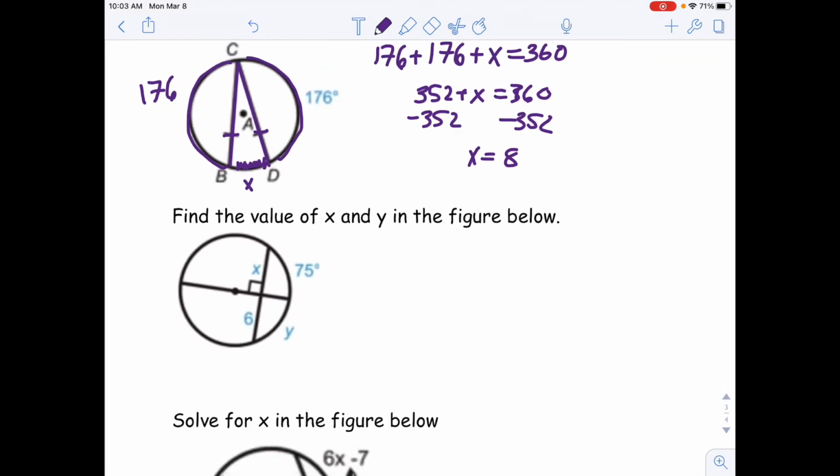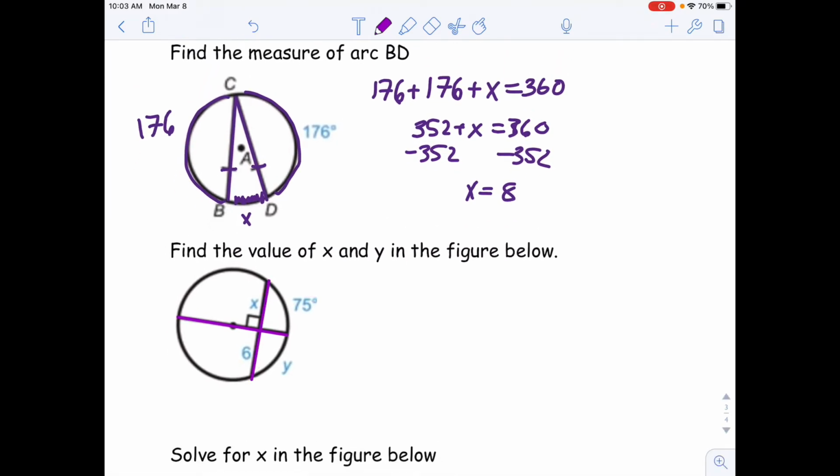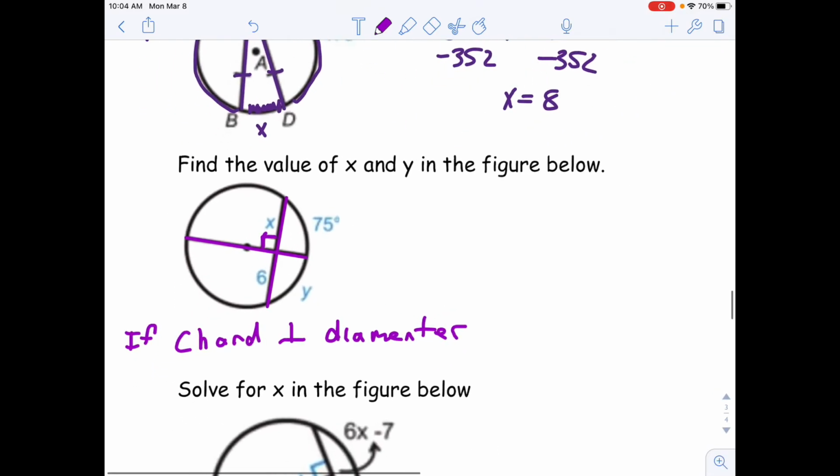Now, notice how this and this. Maybe I forgot to mention this, maybe it was in the gizmo somewhere: if a chord is perpendicular to the diameter, then the diameter bisects the chord.